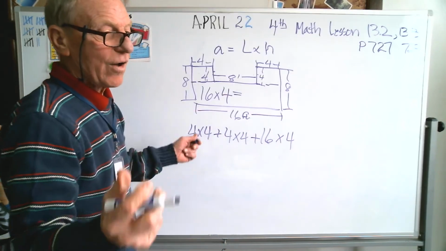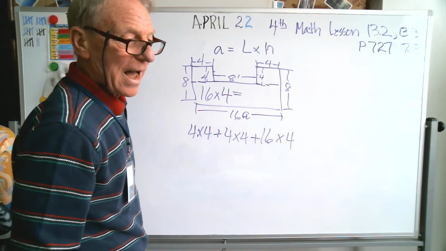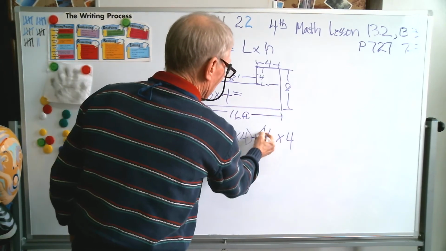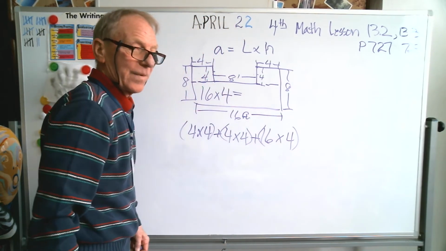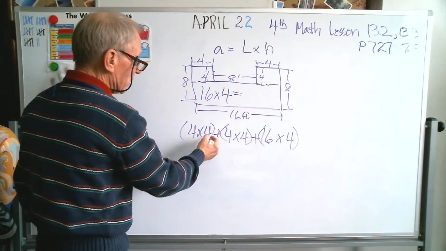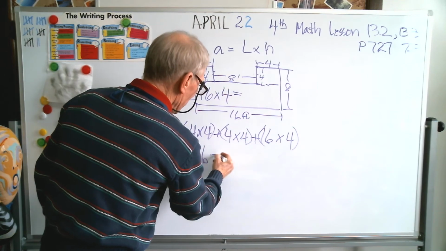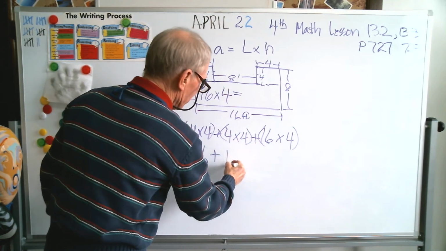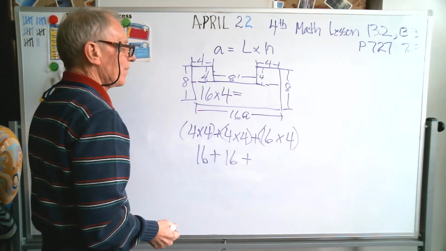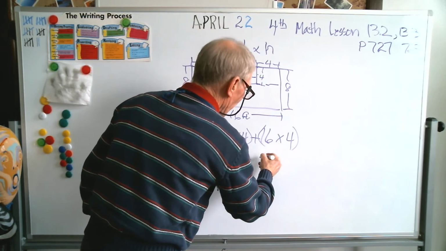Now, that looks like an awful lot, but it's not. I put the parentheses there because you've got to solve each one of them and then add them all together. 4 times 4 is 16, plus 4 times 4 is 16, plus 16 times 4 is 64.